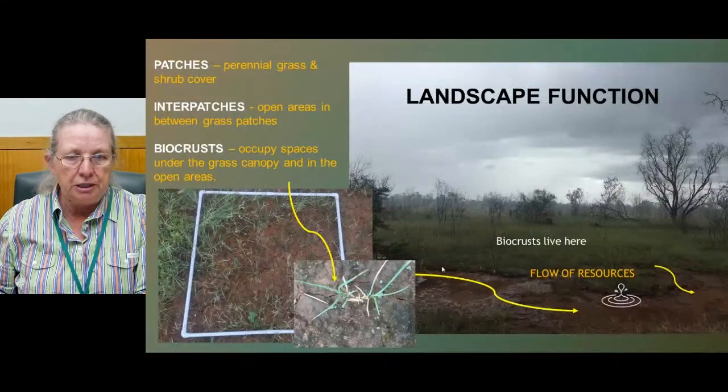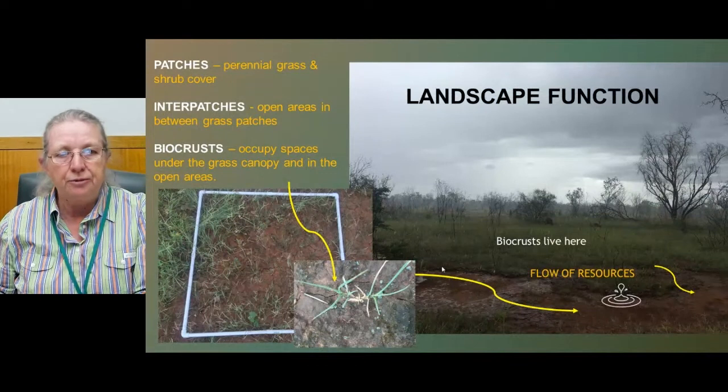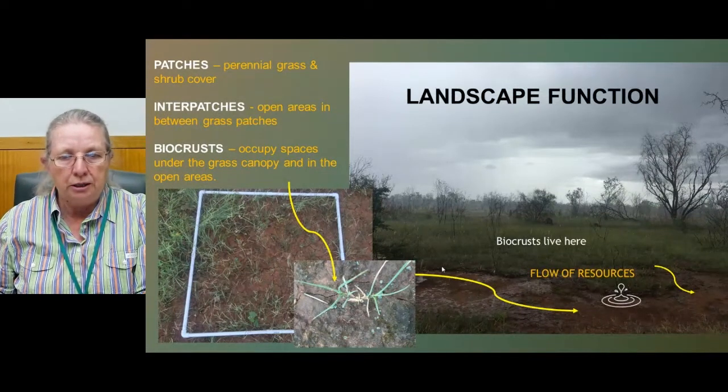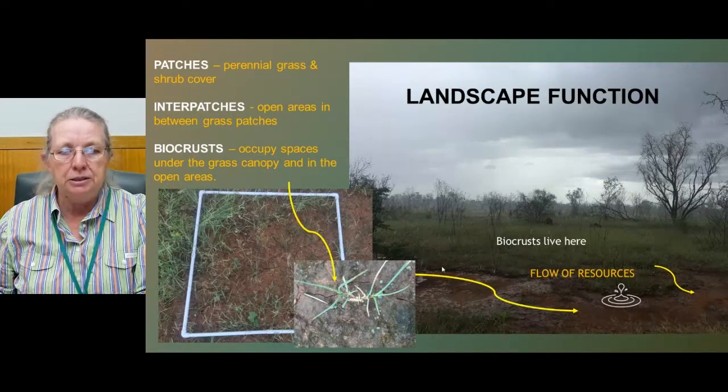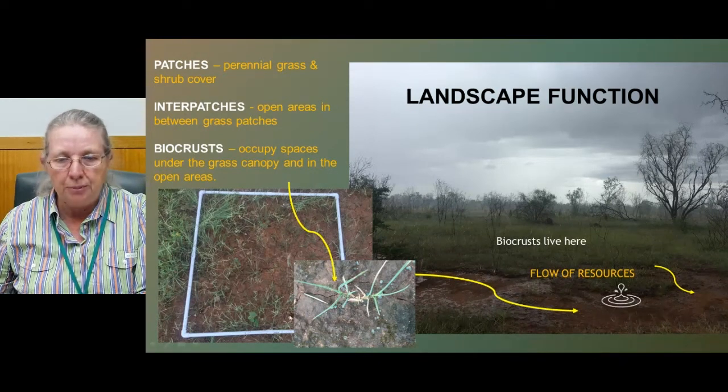To do this, we need to understand a little bit about landscape function and where the biocrusts live. The biocrusts live under the grasses, which are the patches, and in between the grasses, which are the interpatches. They occupy the spaces on the ground. If you have no biocrusts there, you can see what happens with the resources, the nutrients and the topsoil.